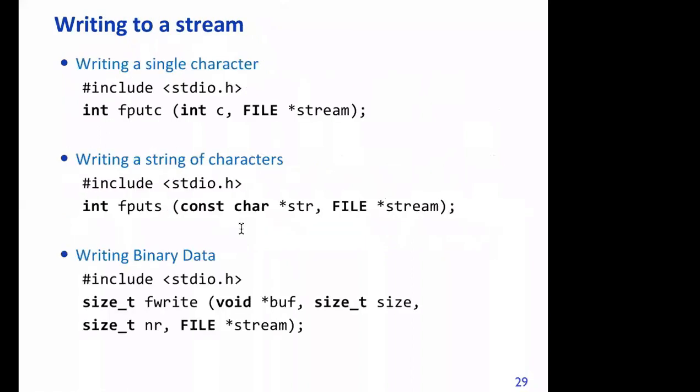All right, so writing into the stream is very similar. We use fputc with a character c and the file stream. Similarly we can write a string of characters and we can write binary data.